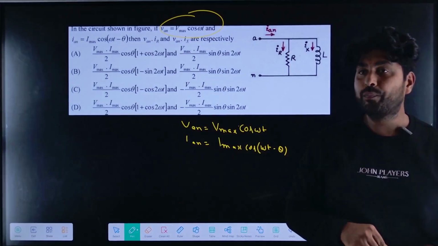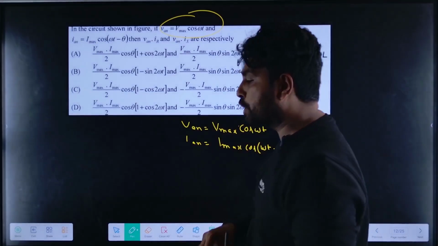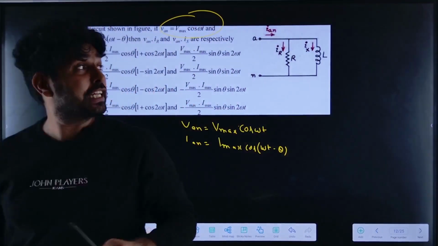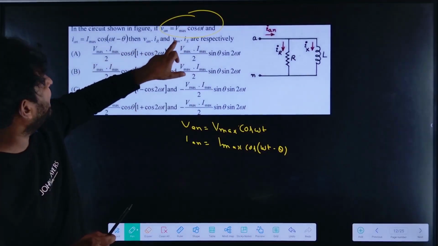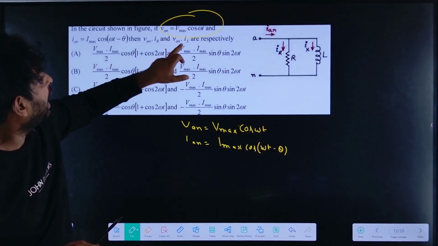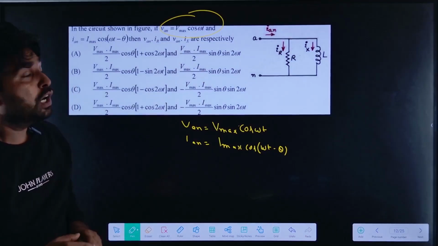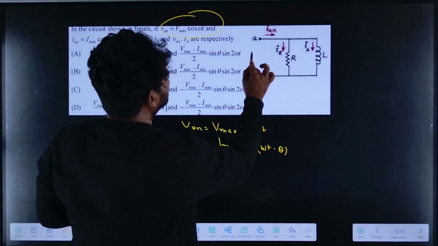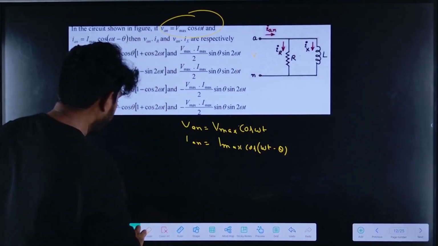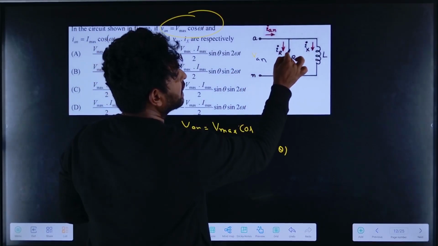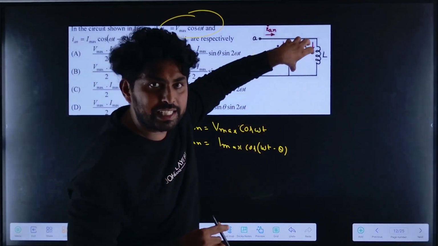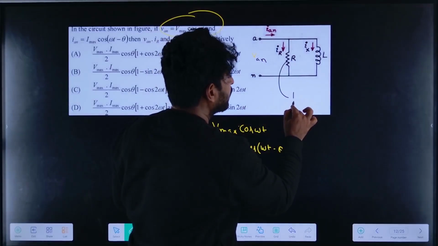So now let us find VAN into IR and VAN into IX. VAN into IR is the power across the resistance, which is active power.